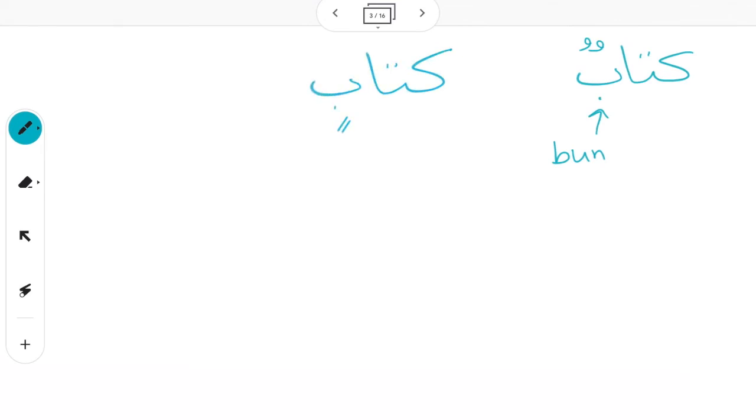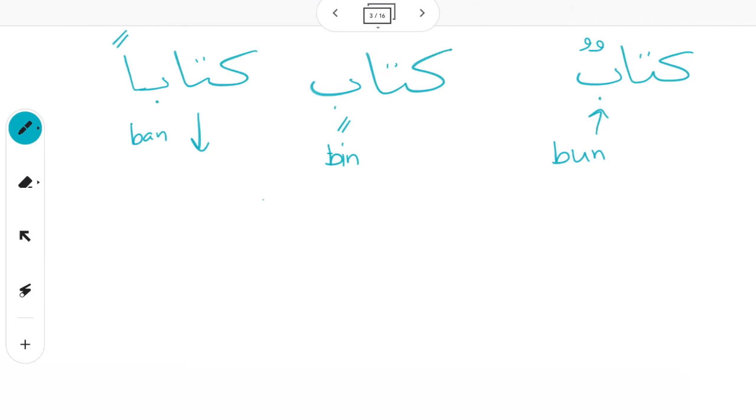How about with the kasra? Kitabin, with the in sound. Fathatain is special. Remember, when you write fathatain, you have to write it with an alif. Kitaban.